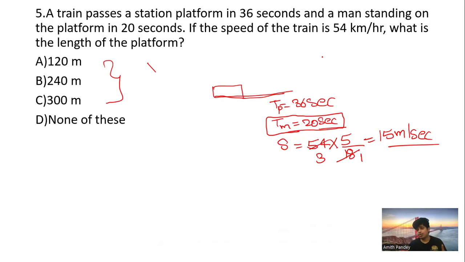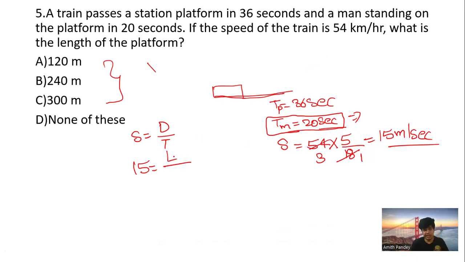In the previous question, the length of the train was given, so it became quite easy to find the length of the bridge. But here they did not give the length of the train. So first we need to find the length of the train. And how can you find it? Just apply the same formula, speed equals distance by time. So what is the speed? 15. And what is the distance? We don't know.